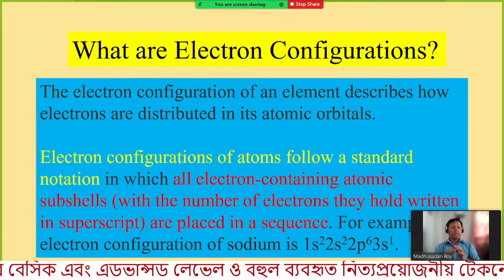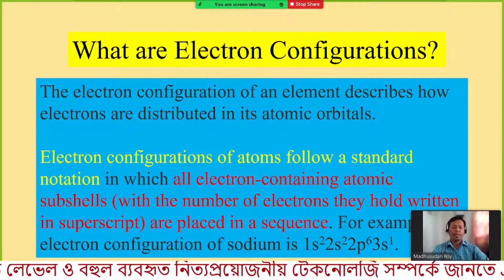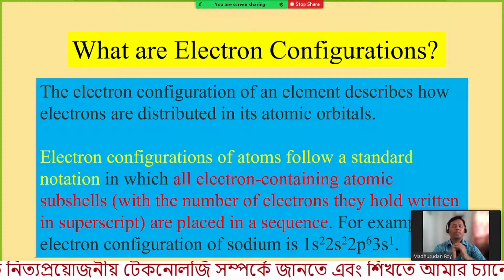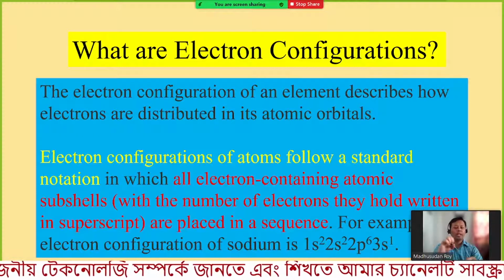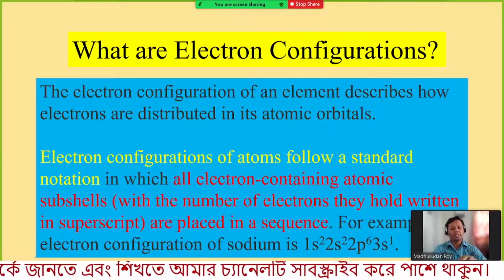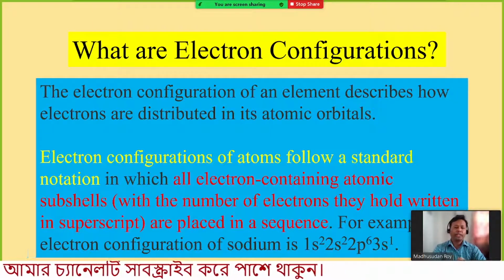So for any atom we know how many electrons are there, and then you have to follow a specific rule for the filling of electrons from one shell to another shell, and in each subshell how the electrons are distributed, and the orientation also.